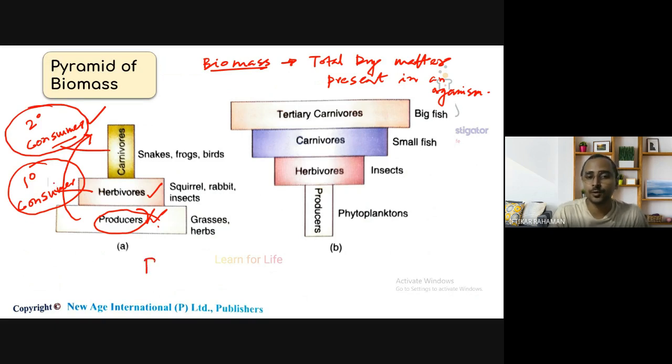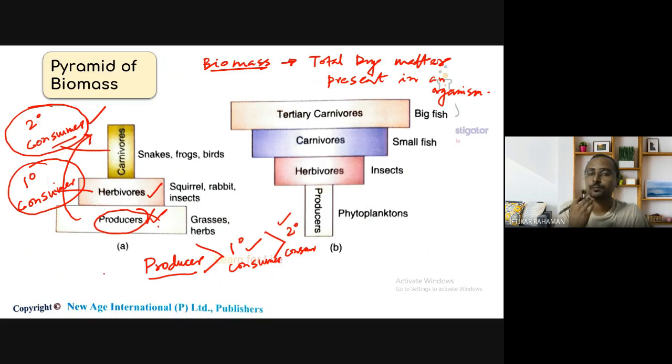So the biomass of producer is the highest, then primary consumer has less, then secondary consumer has even less. As we go from base to apex, the biomass will be decreased.